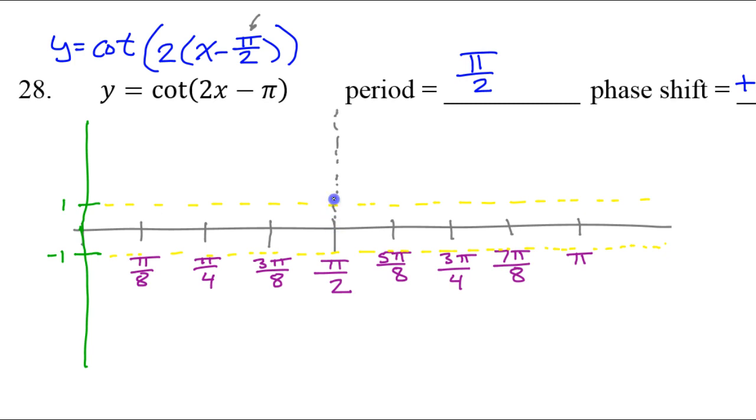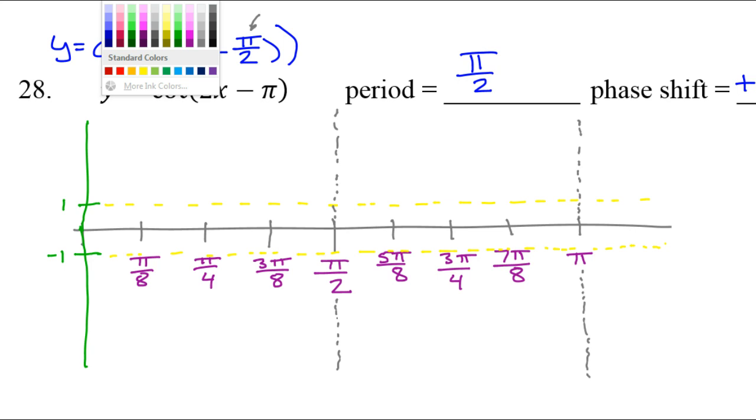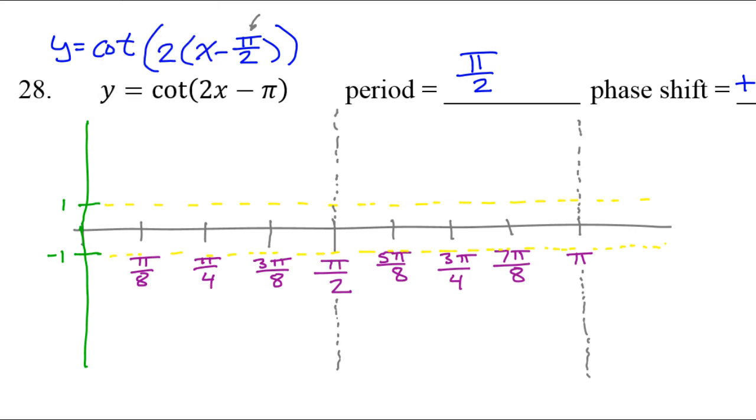So I'm going to put a vertical asymptote at the phase shift, and then I purposefully counted over 4 marks because this will be the end of the period. And like I said, cotangent is going to begin and end with a vertical asymptote. And I also said that there would be a point at the midline right in the middle. So here's the point on the midline right in the middle.